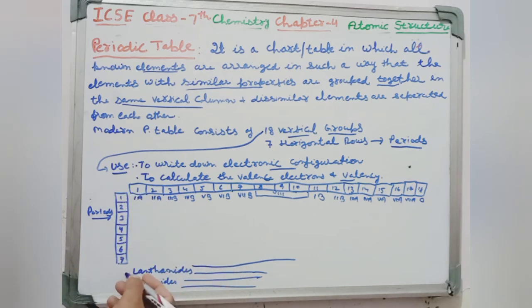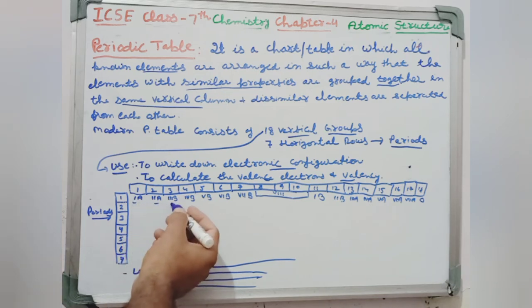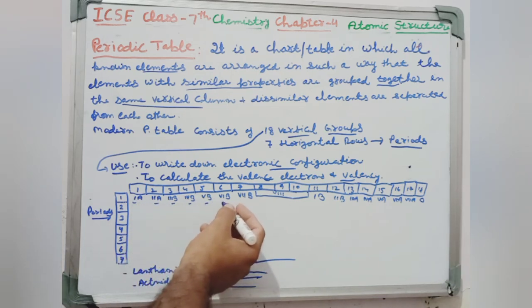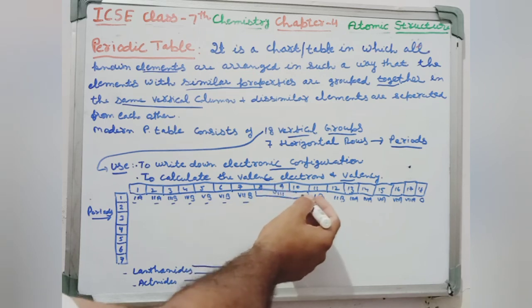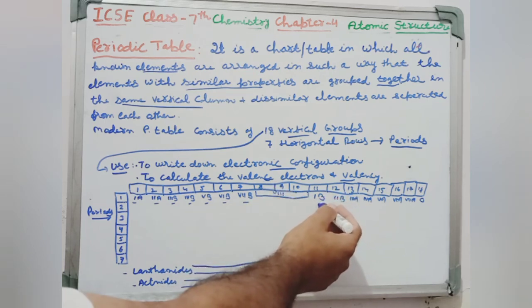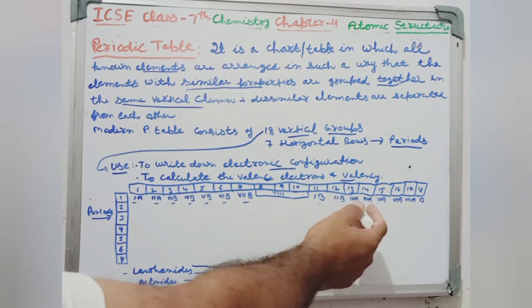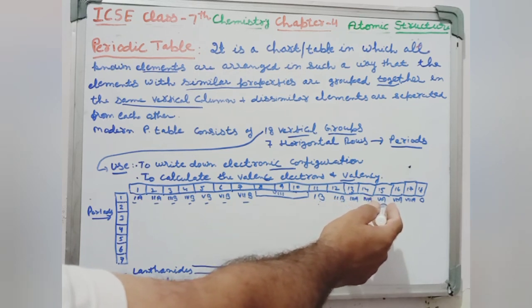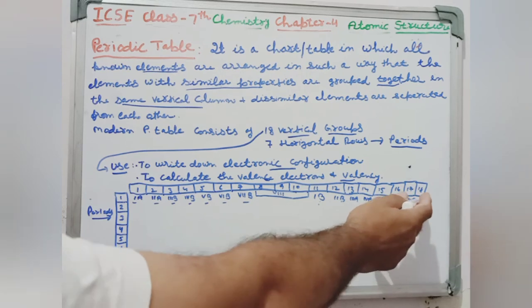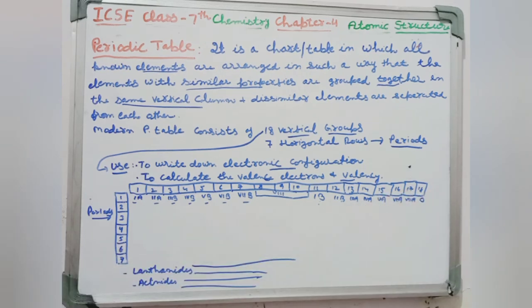Below are lanthanides and actinides. Here you will see 1A, 2A, 3B, 4B, 5B, 6B, 7B. These are given 8, 1B, now again 1B, second B, third A, 4A, 5A, 6A, 7A, and these are 0.